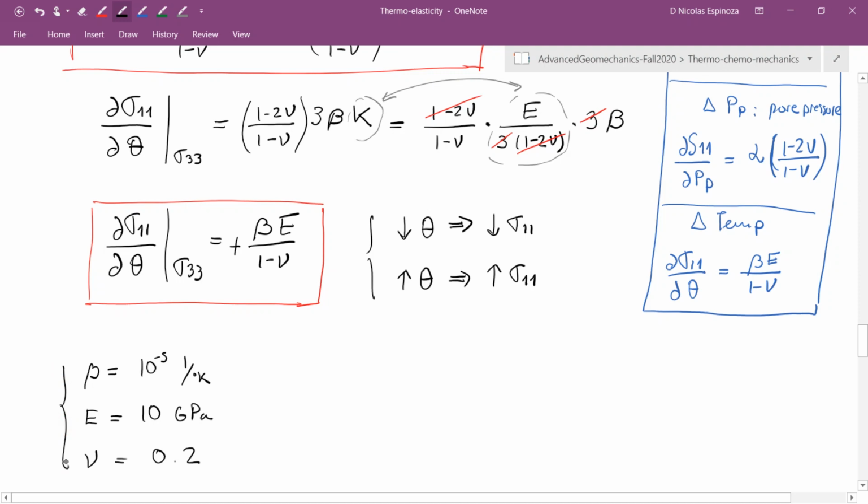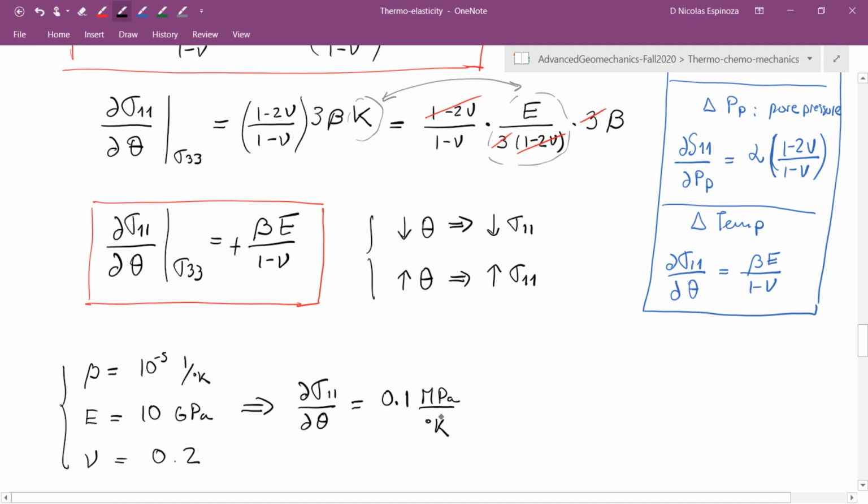If I use all of these parameters, I can calculate that the change of horizontal stress due to a change of temperature is going to be equal to 0.1 MPa per degree Kelvin. So if I change, for example, the temperature 10 degrees Kelvin or 10 degrees C, which is more or less 20 degrees F, I would have a change of horizontal stress of 10 megapascals under these conditions.